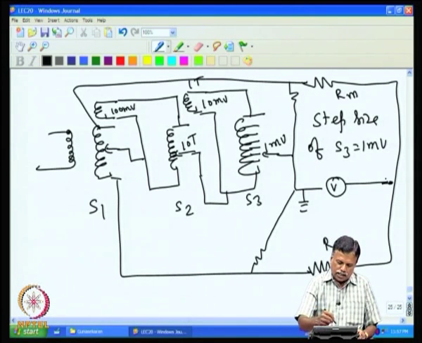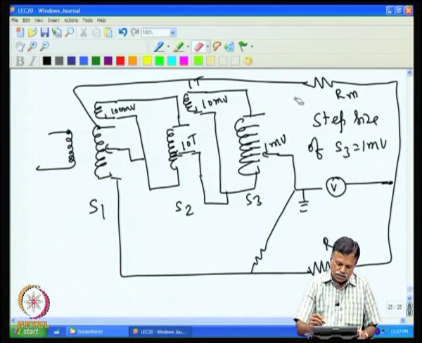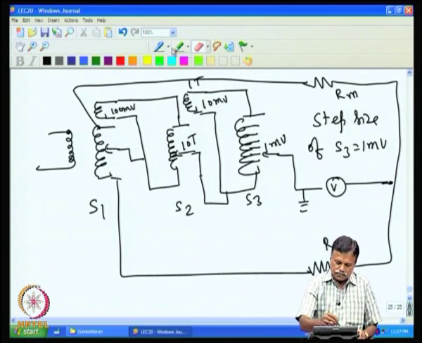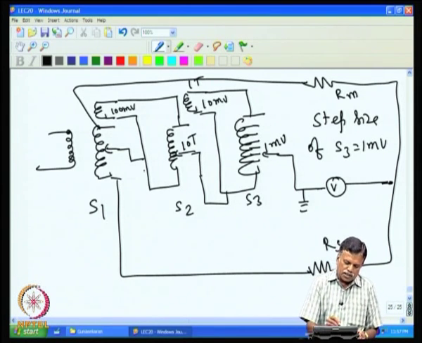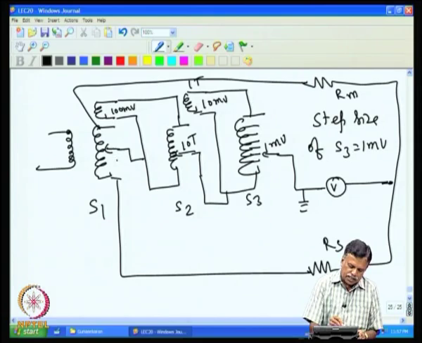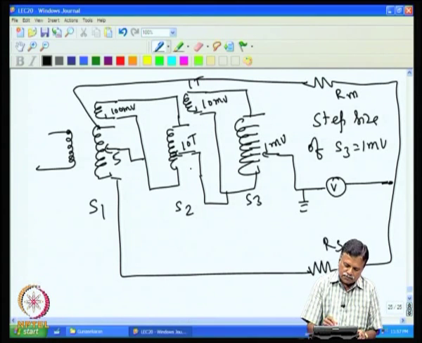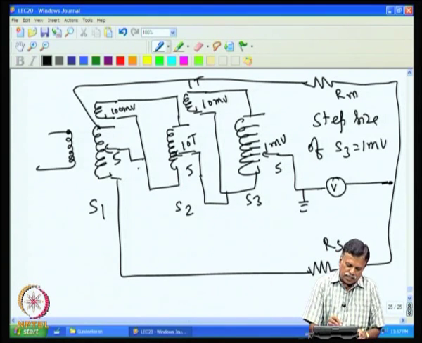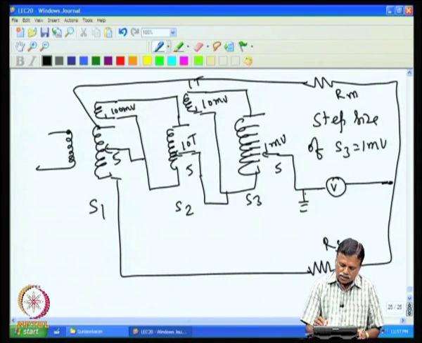Now, I will remove this to avoid the confusion. For example, if I keep this one at 0.5, the midpoint is at 5, and if this is at 5 and this is at 5, then I look at the voltage across this.